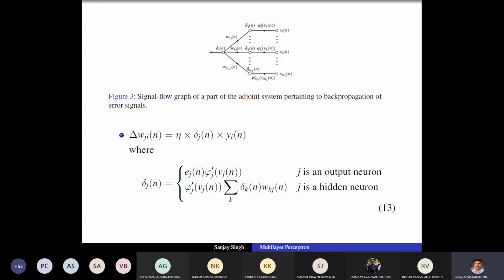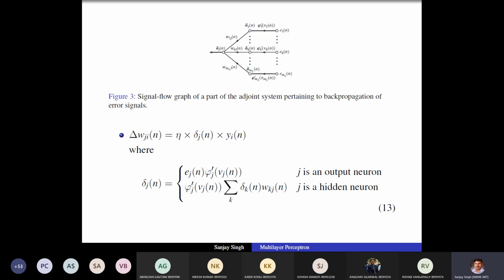Here we are considering two for the sake of mathematical convenience. One: what if I take a sigmoid function as the activation function, how does my backpropagation algorithm change? And what if I take a tan hyperbolic function as the activation function, how does my backpropagation algorithm look in that scenario?